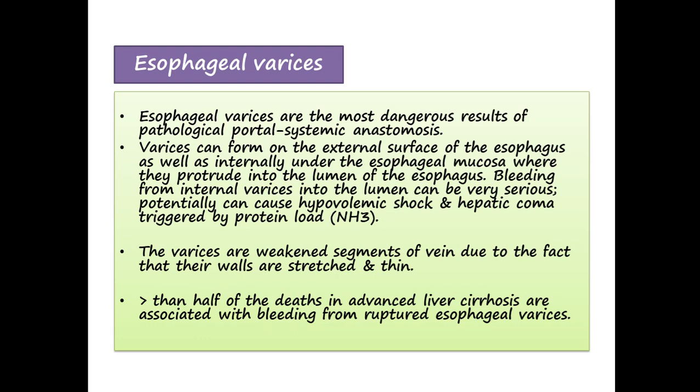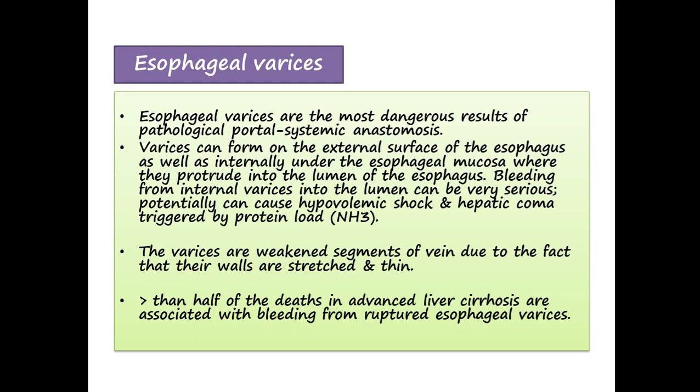What will happen is that the portal hypertension will affect the anastomosis between the caval and portal circulation situated at the distal end of the esophagus. The portal hypertension will cause these walls to become swollen, thick, and can potentially cause severe bleeding from this site.